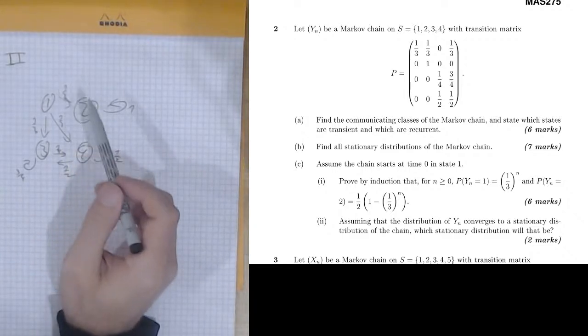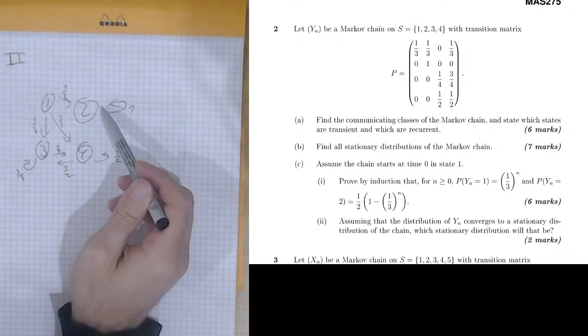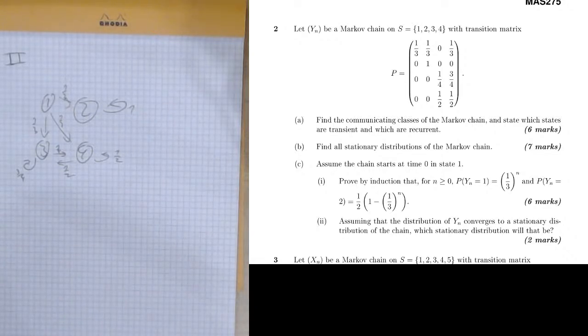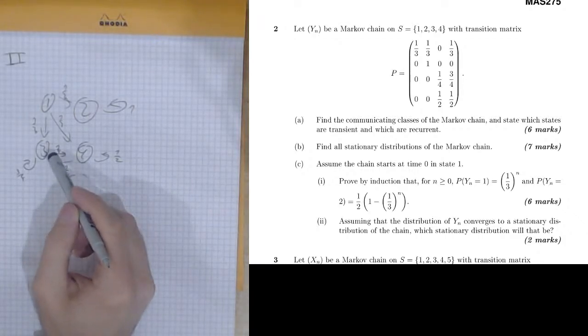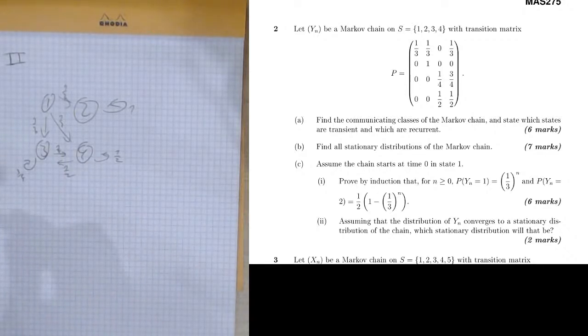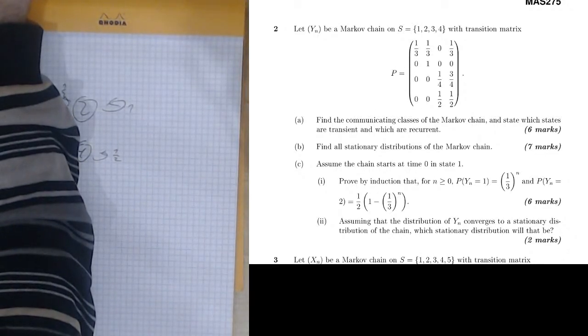It's the same thing. 2 is its own class because I can't go anywhere from 2. I can only stay here. So 2 is its own class and it's recurrent. And then 3 and 4, they're together because I can go from 3 to 4 and from 4 to 3. They form a closed class, which is recurrent.